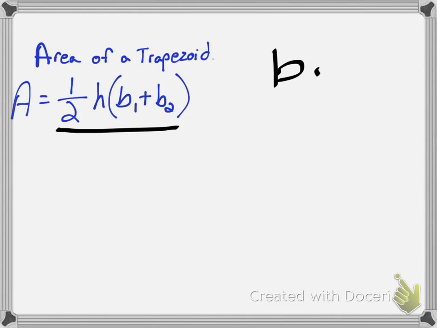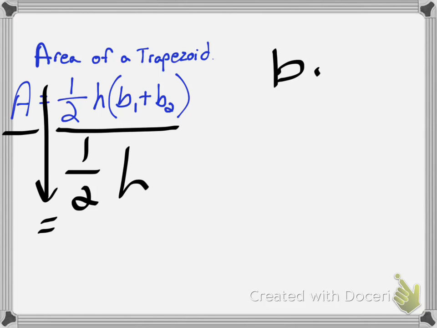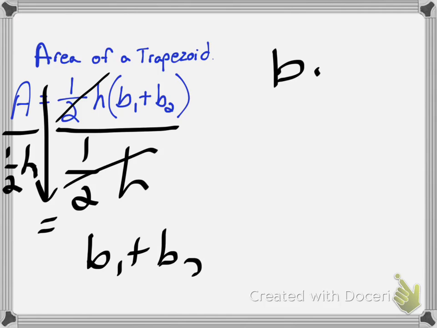So I'm going to divide by 1/2 h on both sides. So now the 1/2 h is crossed out, I get B1 plus B2 is equal to A divided by 1/2 h. Now we can't simplify that because we really don't know what A is or H is.